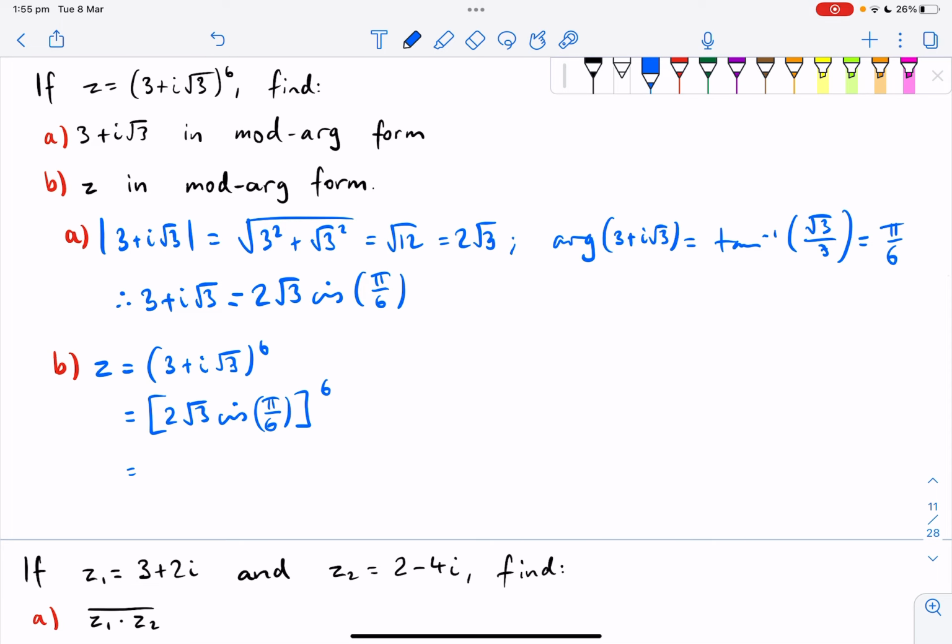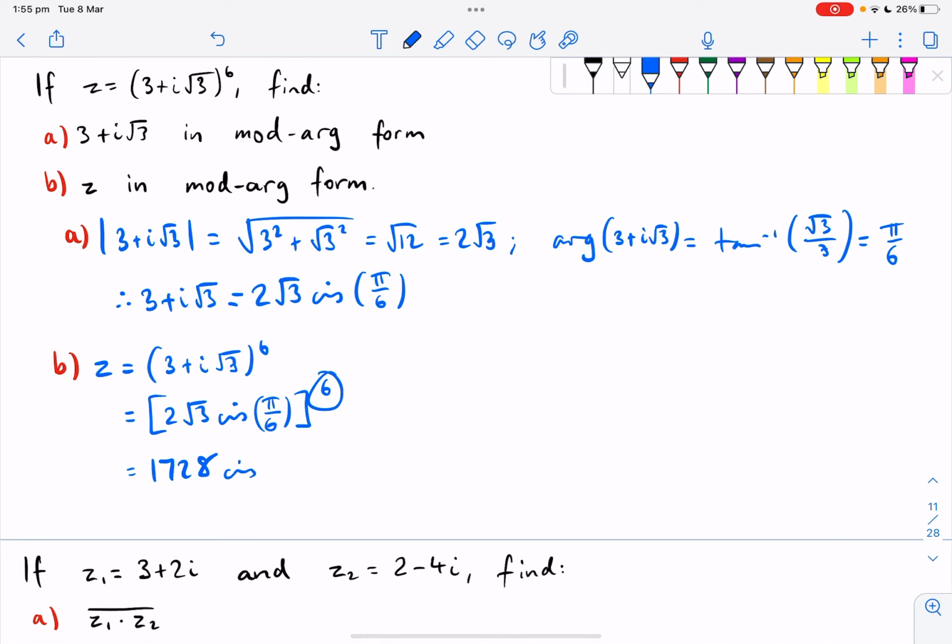All right, and we get 2 root 3 to the power of 6, which is actually quite a big number. I'm going to need my calculator for this. 2 root 3 to the power of 6 is 1728.